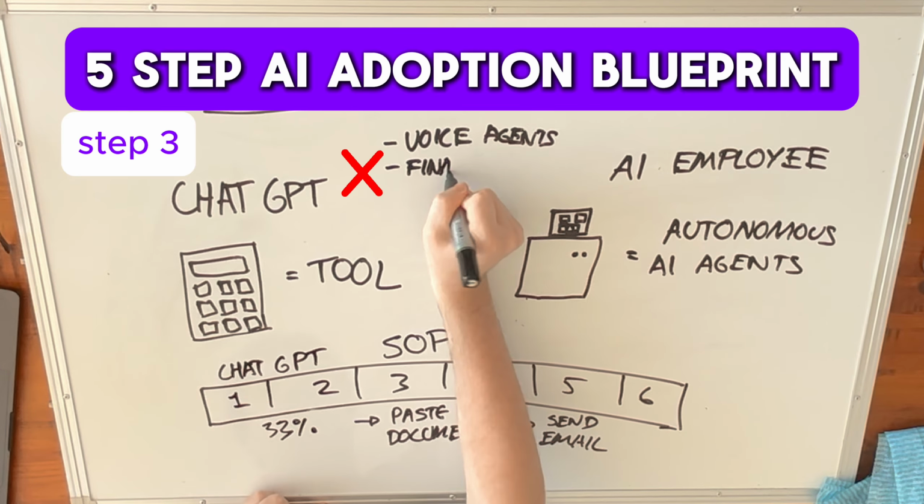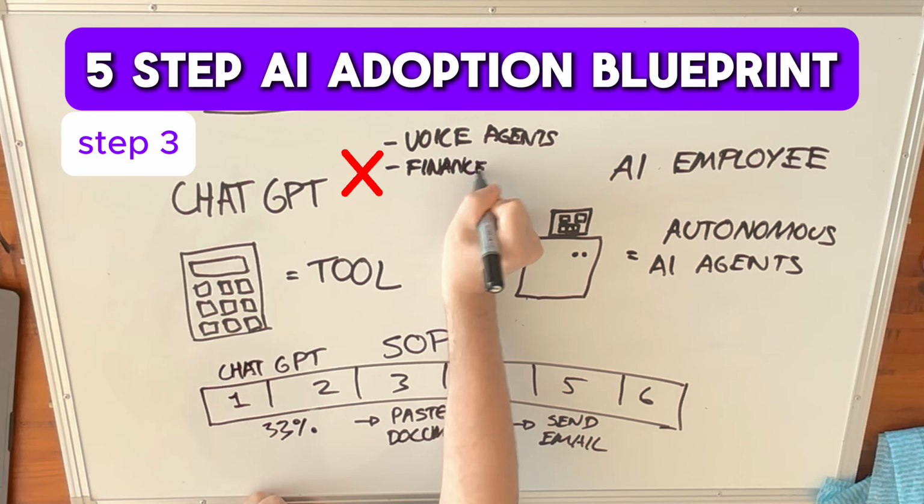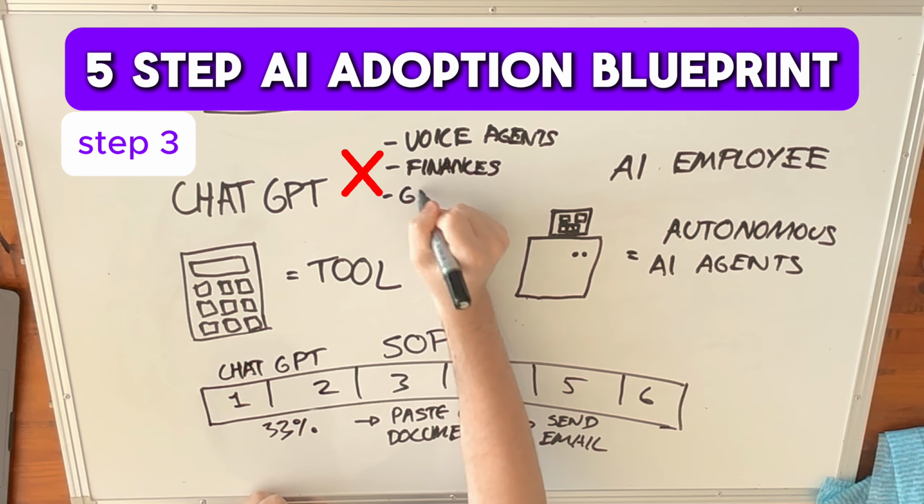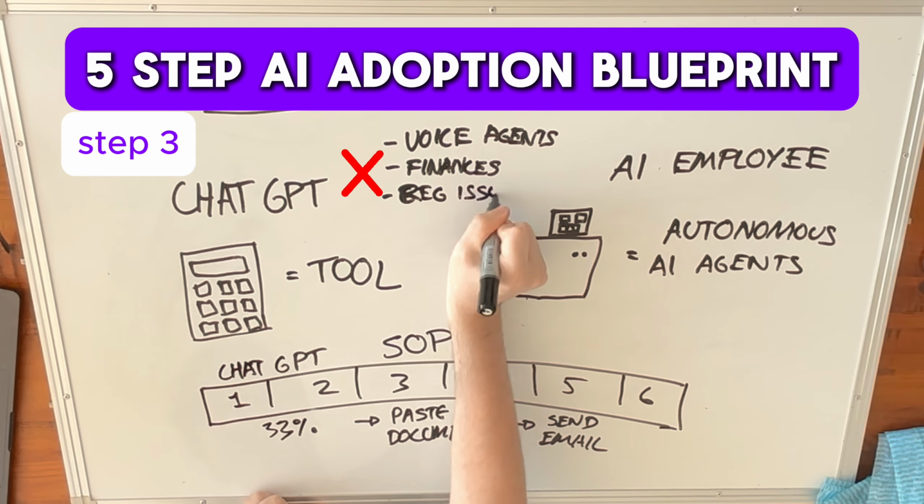So just write that down. Finances. Reg issues. Finances might be paying an invoice or moving money between accounts. And regulation issues might be saving medical data or law data or whatever it is, where there are very clear and obvious restrictions in place.